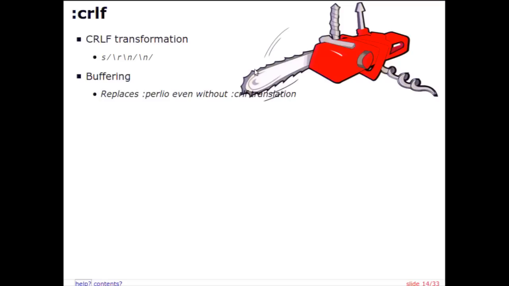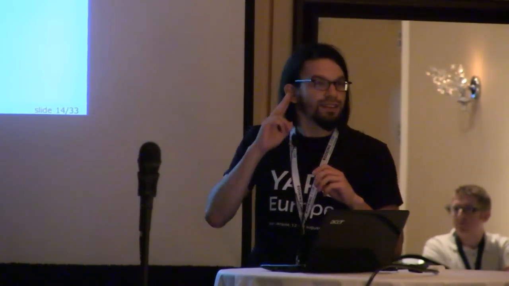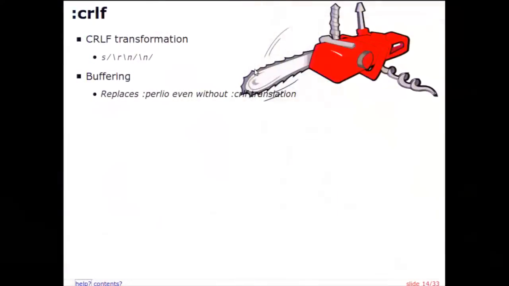Does anyone here know why Windows is using carriage return line feed? The original reason is that physical printing terminals on CP/M, an operating system from like 35 years ago, required this.